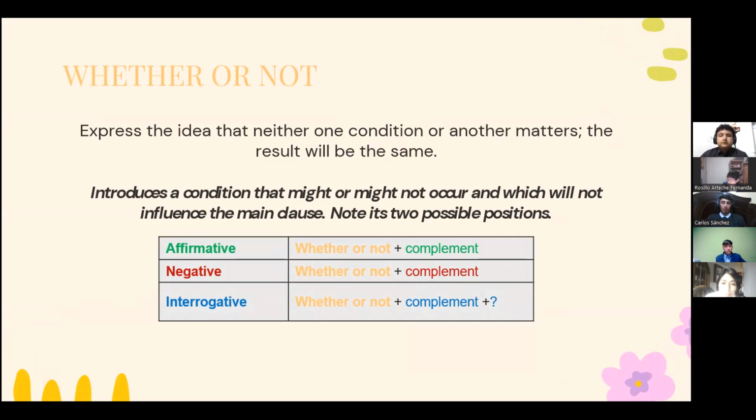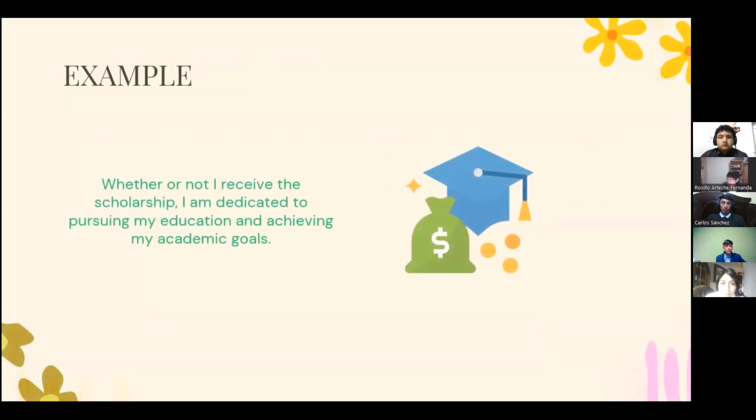So we have in affirmative, whether or not plus complement. In negative, whether or not plus complement, and in interrogative, whether or not plus complement plus a question mark. One example of this clause is: whether or not I receive this scholarship, I am dedicated to pursuing my education and achieving my academic goals.